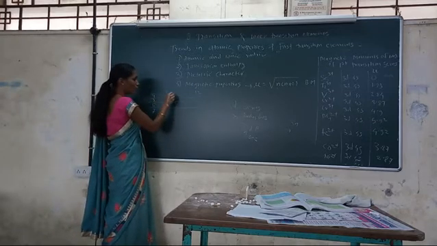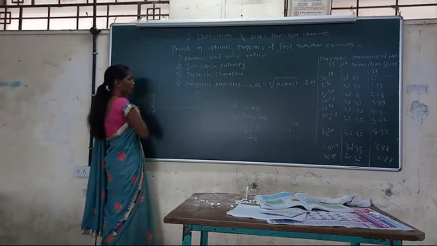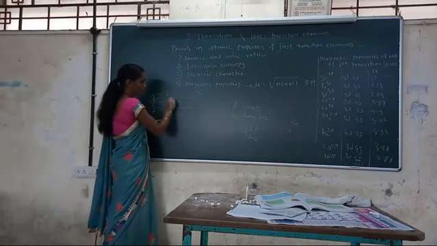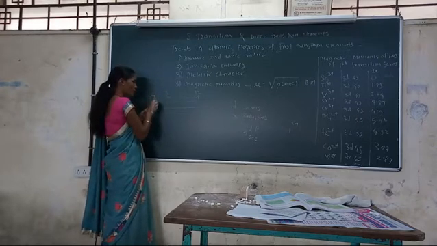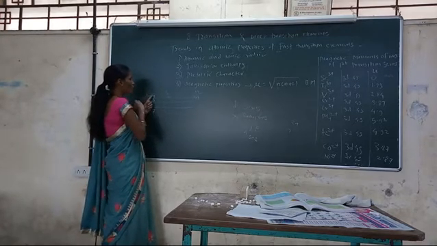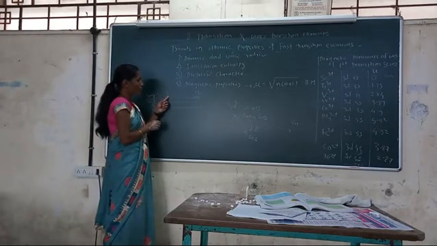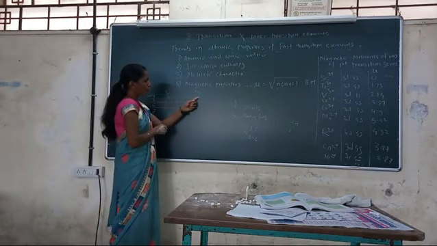D block elements are transition elements, and the first transition series is the fourth period, containing elements from scandium to zinc. Then there are the second, third and fourth transition series, but we are going to learn only about the first transition series, scandium, titanium, vanadium to zinc.